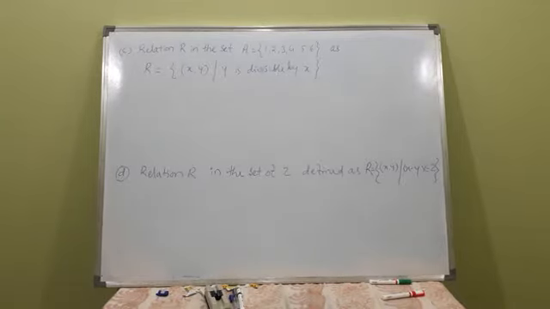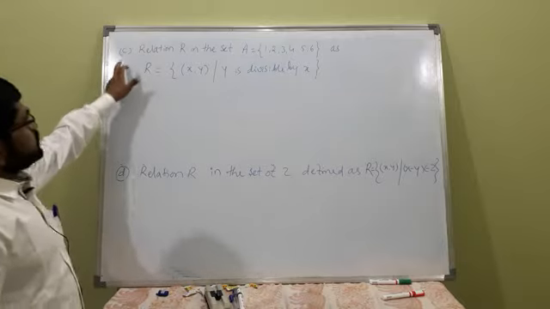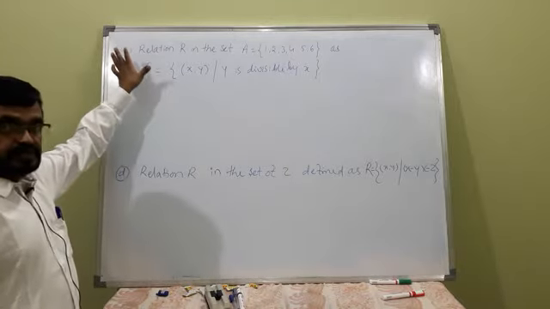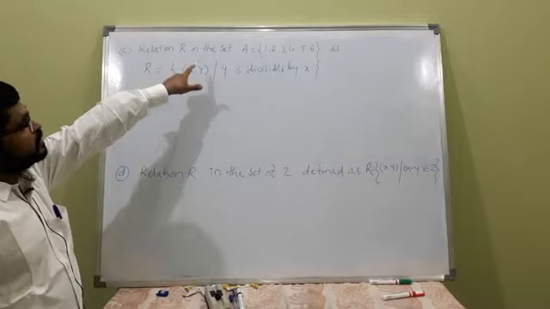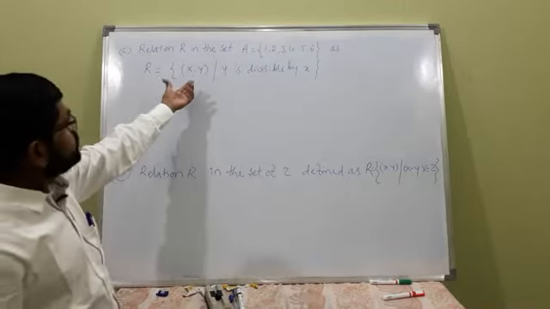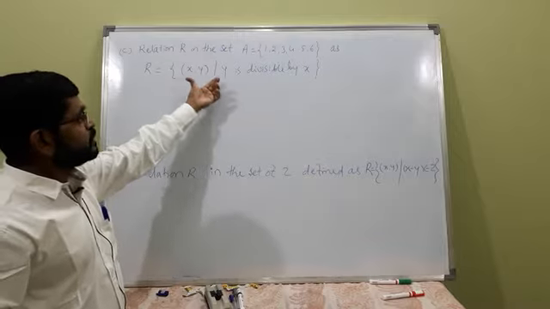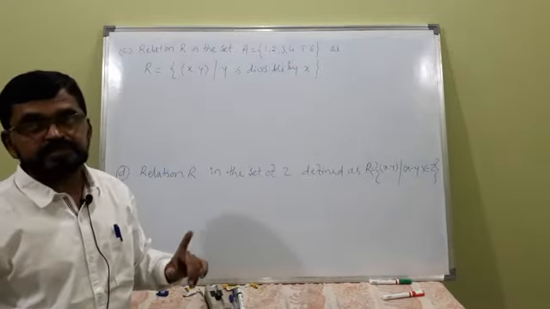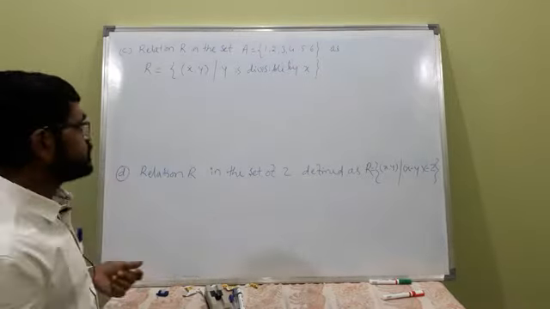See here. This is the third example in the first exercise only. Relation R in the set A equal to {1, 2, 3, 4, 5, 6} is the set of all ordered pairs (x, y) where y is divisible by x. The second element is divisible by first element.